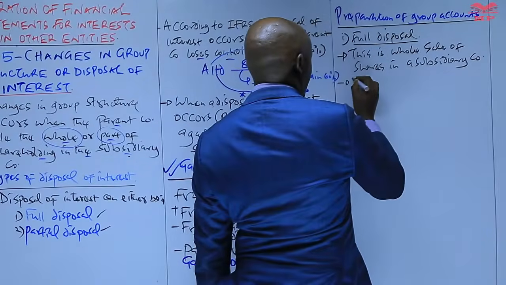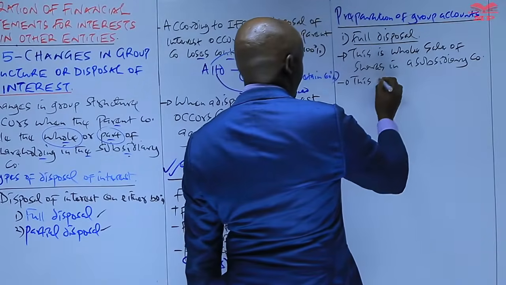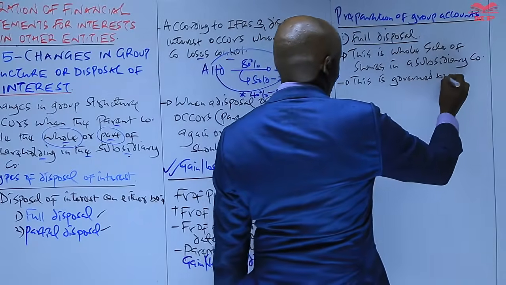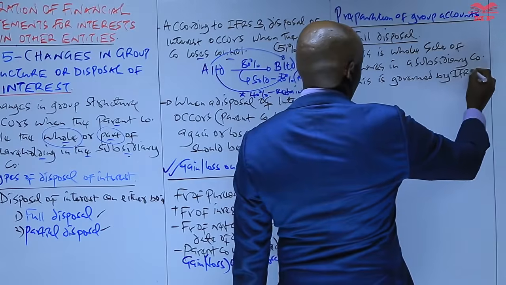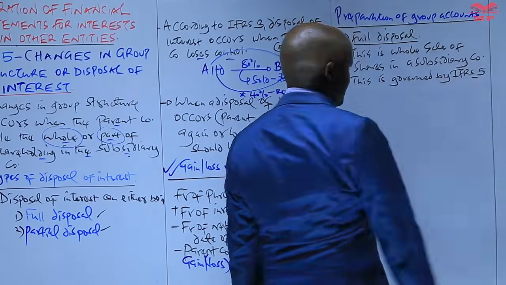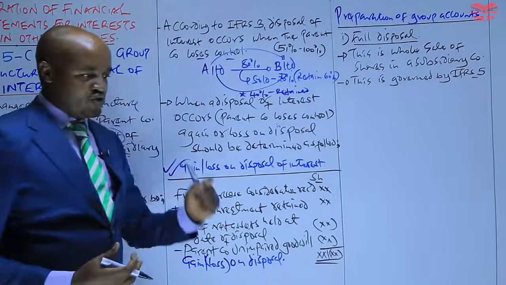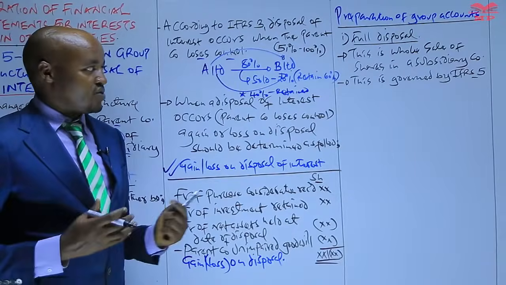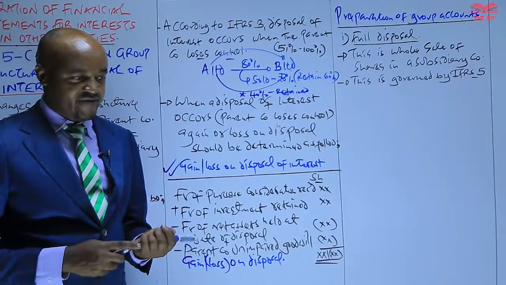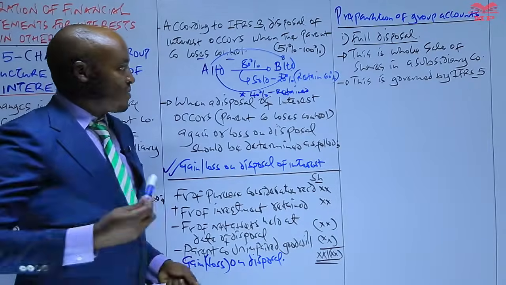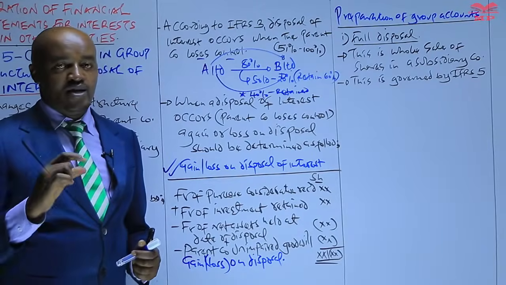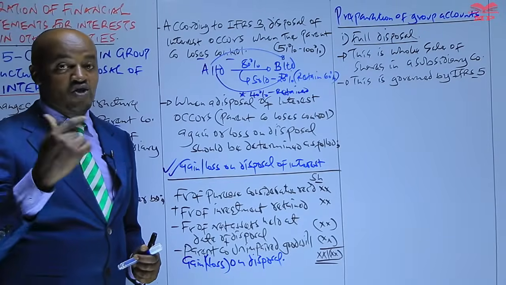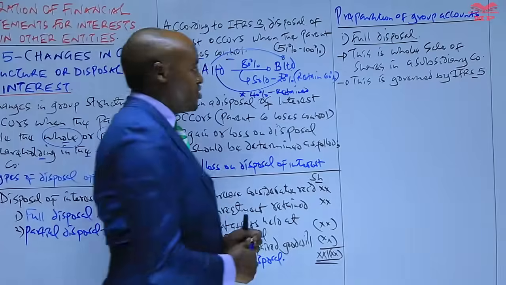And this one is basically governed by IFRS 5. So in terms of how the parent company should treat that particular subsidiary which has been fully disposed, that should be accounted for in accordance with IFRS 5, meaning that that subsidiary will be referred to as a discontinued operation.